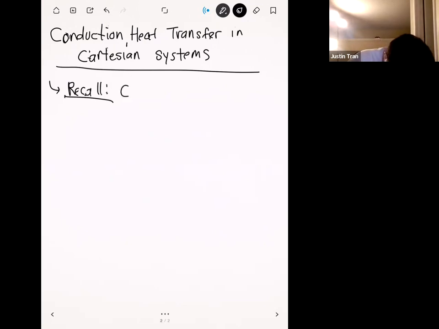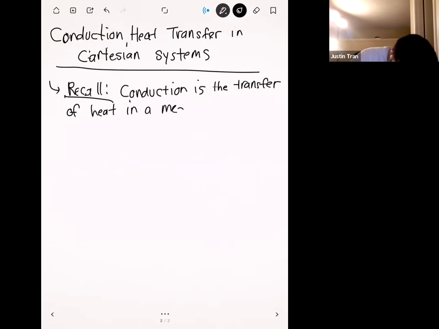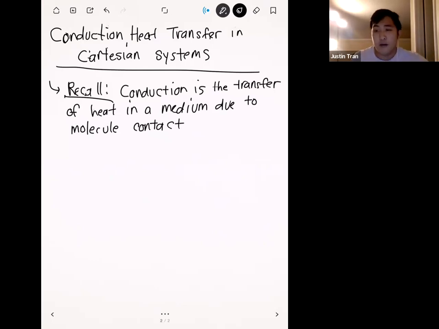Remember the image we showed on Monday, where all the molecules are bouncing around, and when you have a temperature difference from one end to the other, the molecules transfer energy from one to the other.